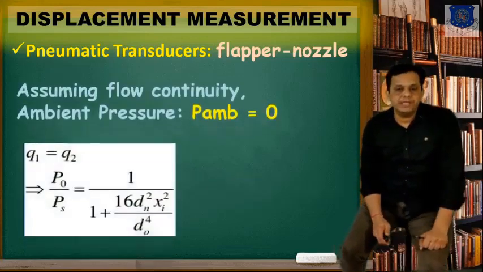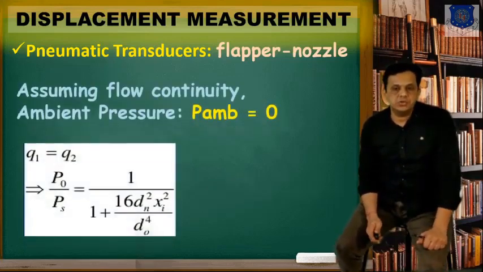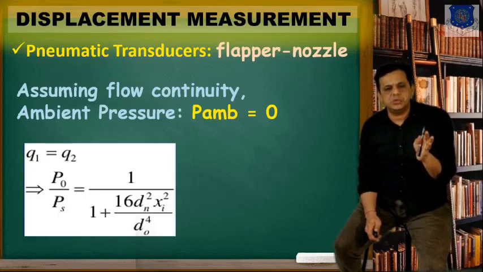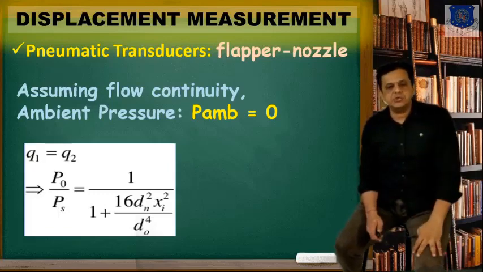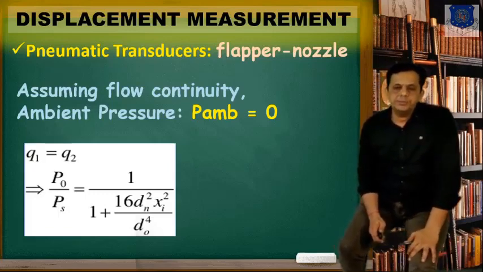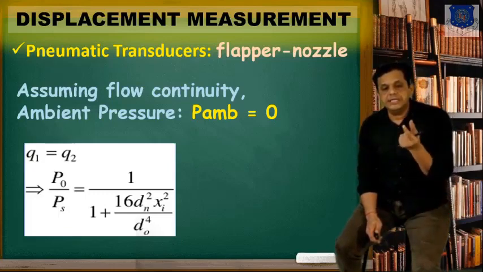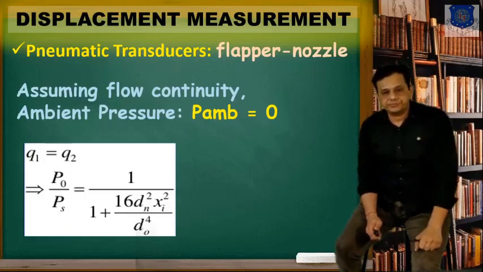So now if the ambient pressure is 0, then both flows will remain the same. So we say Q1 is equal to Q2, and if you simplify the equation, you will get this ratio PO upon PS, in terms of orifice diameter, nozzle diameter, and your displacement X.